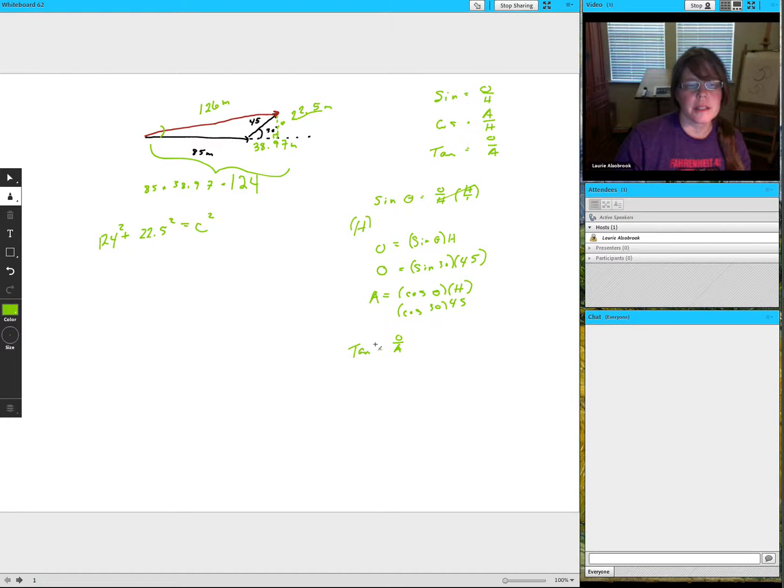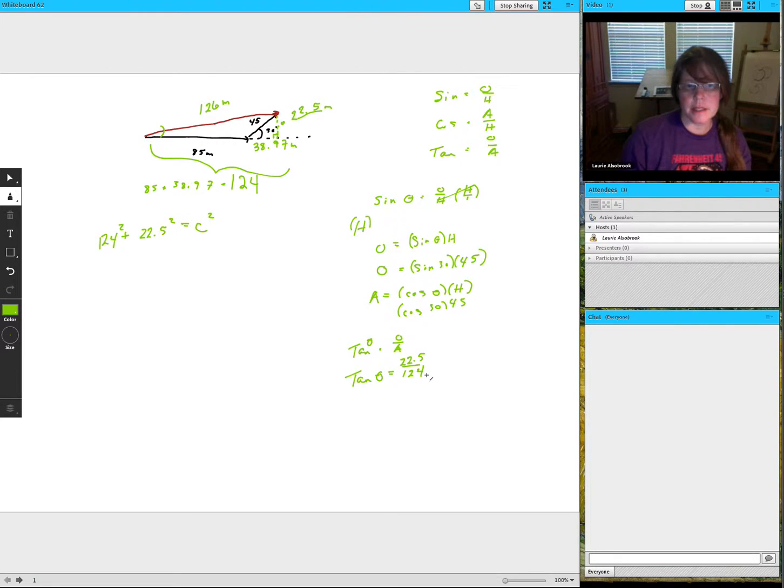Okay, the tangent of theta. Well, I know my opposite and I know my adjacent. The tangent of theta, which is what I'm looking for, is equal to the opposite, which is going to be 22.5. And my adjacent in this case is going to be 124 meters.